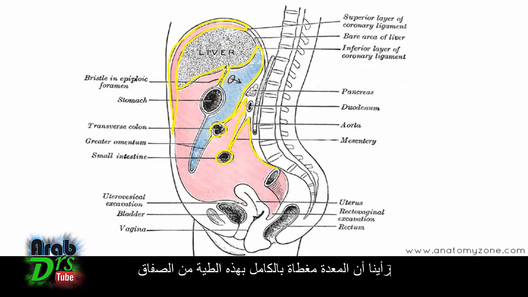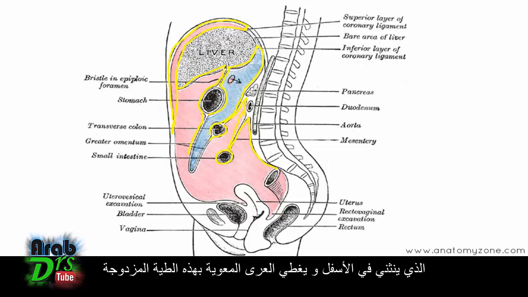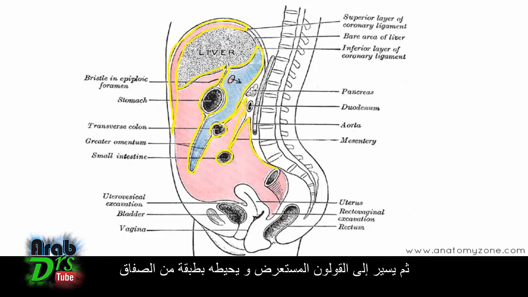And we saw how the stomach was entirely encapsulated by this fold of peritoneum, and at the greater curvature the peritoneum fuses again to form another double fold called the greater omentum, which loops down and covers the intestinal loops in this double fold, and then it joins on to the transverse colon and surrounds that in a layer of peritoneum.